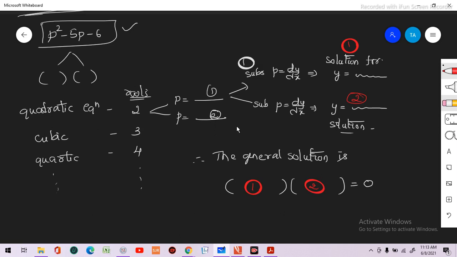If you are able to write in this format, then it is the general solution of the differential equation solvable for p. Is it clear? Have you got the rough idea? When we solve the problems we will come to know what we are doing. Is it fine, guys? Yes, sir.